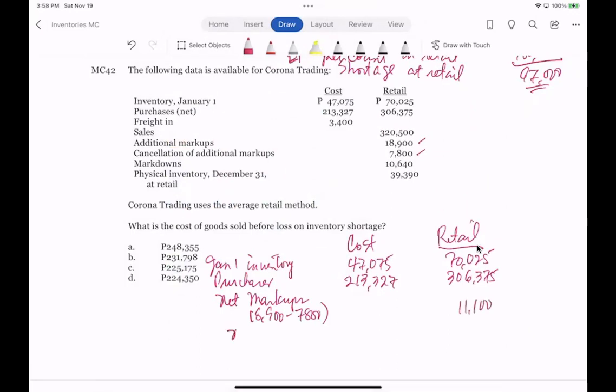Then we have markdown, and your markdown is 10,640. Deduct. Be careful.